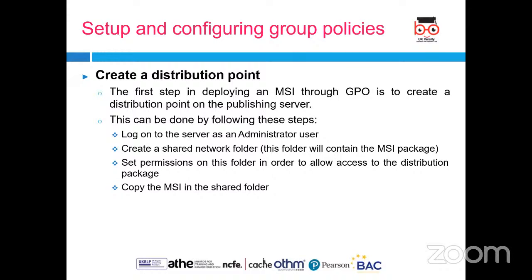This can happen by following these four steps, where we have to log on to our server as an administrator. Then we are going to create and share the network folder. Once that has been done, we can set permissions on the folder in order to allow access to distribution packages. And then we're going to copy the MSI into the shared folder.